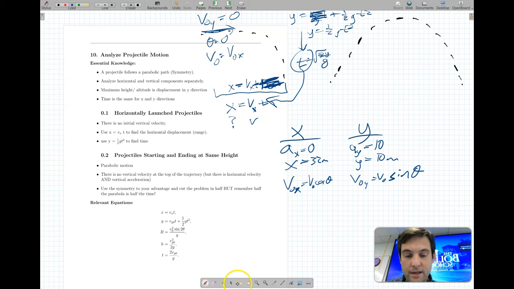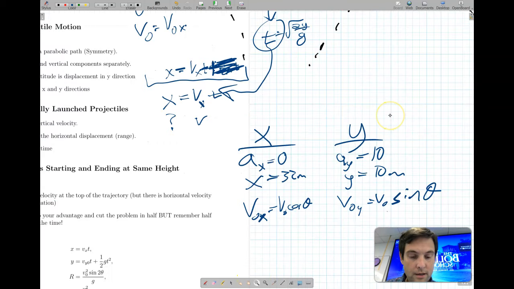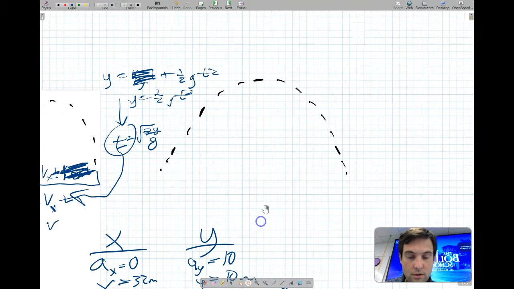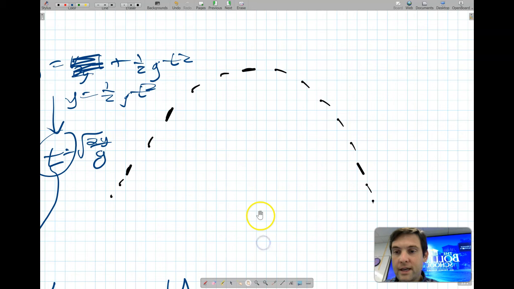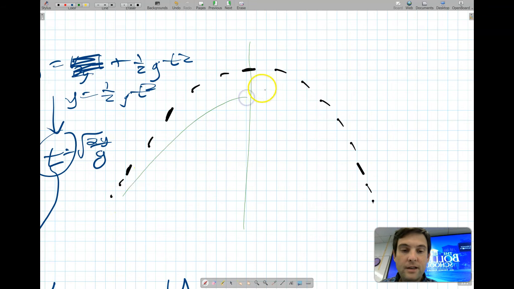For our second type, our parabolic motion, again we have symmetry. That means if we cut it in half, whatever happens on the first half equals exactly what happens on the second half. That could lead to a wrong answer if you're solving for time.